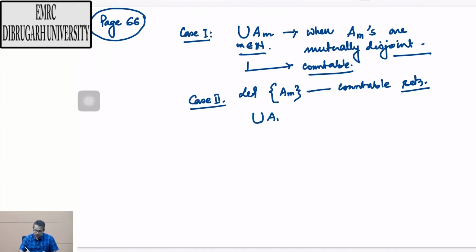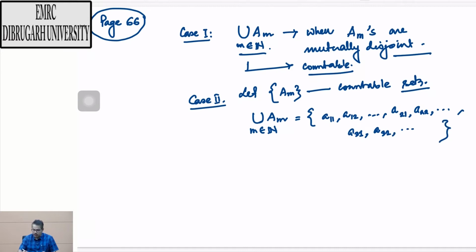The union of A_m cannot be directly expressed as A11, A12, then A21, A22, then A31, the way we did in the first case. We cannot do this because some of these elements may be common or repeated, since we do not have mutually disjoint sets.